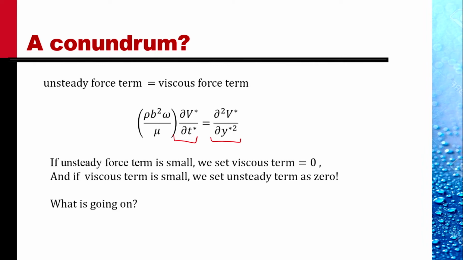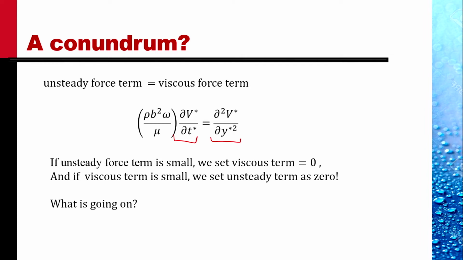If the unsteady force term is small, we set the viscous term equal to 0. And if the viscous term is small, we set the unsteady term as 0. What's going on? It seems funny.